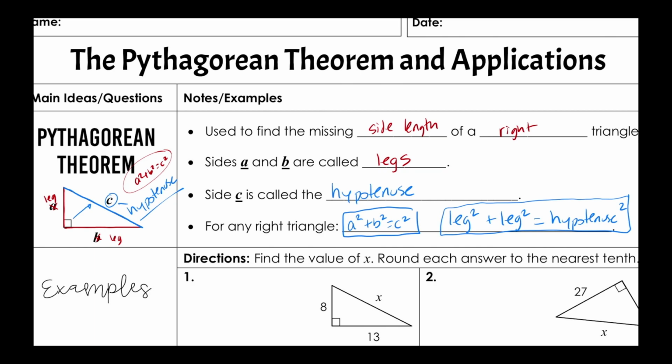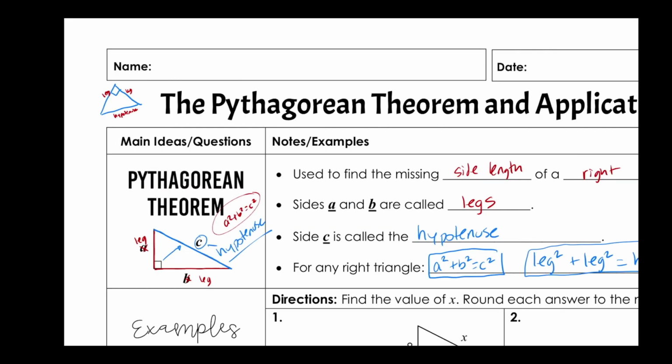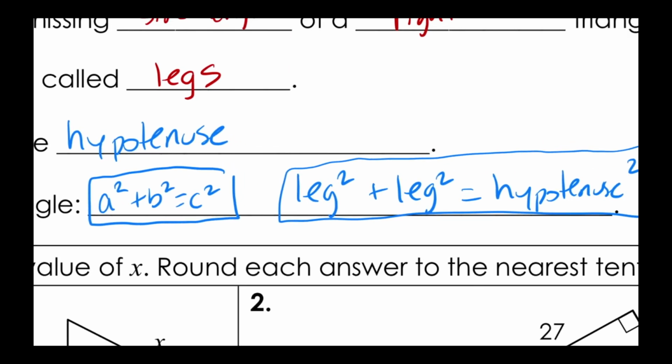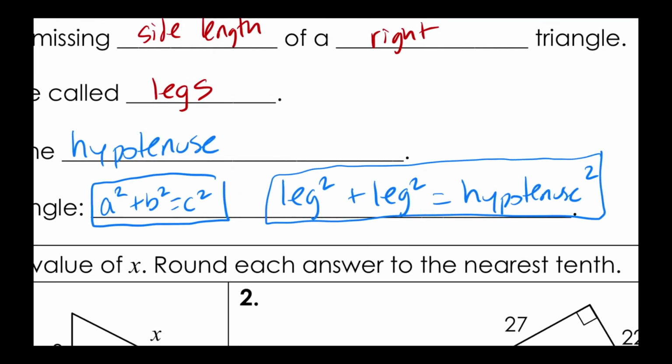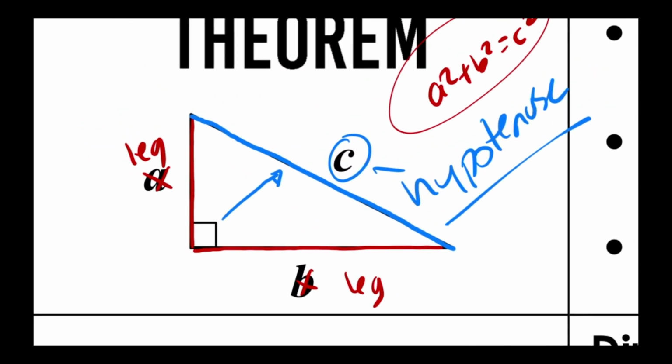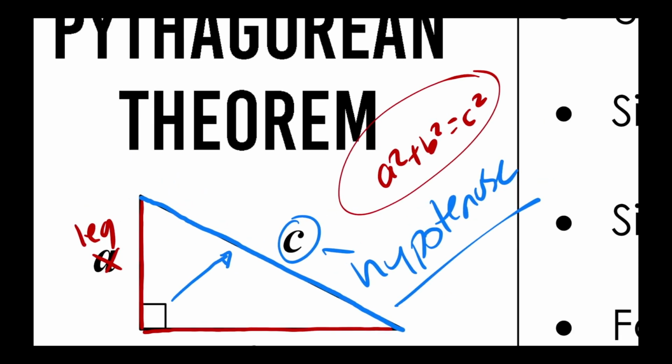Hold on, someone has a question. I've got to pause the recording. The question was about leg squared plus leg squared equals hypotenuse squared, a little more clarification on that. I was telling you that yes, we can label A, B, and C, with C being the long side, and say A squared plus B squared equals C squared. But that's the middle school way of remembering it.